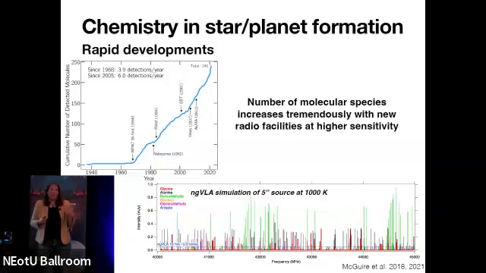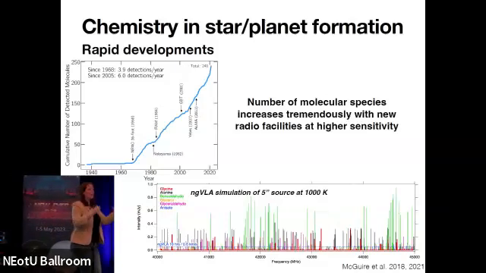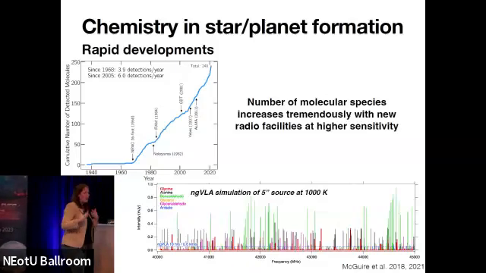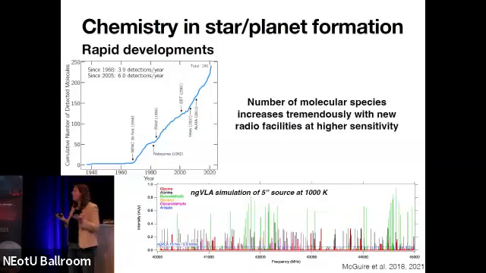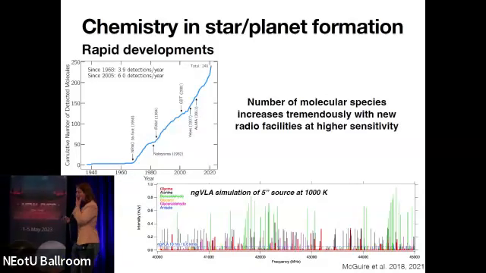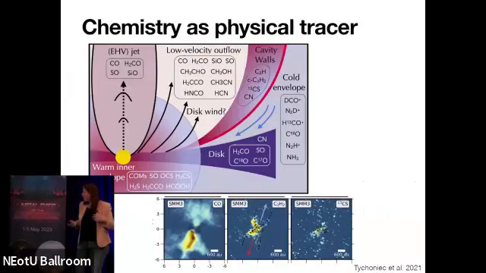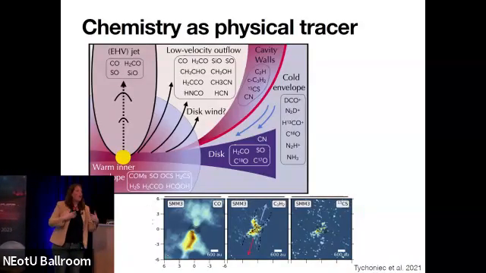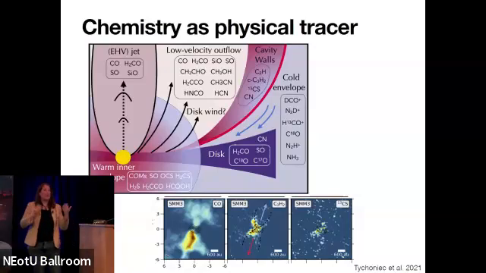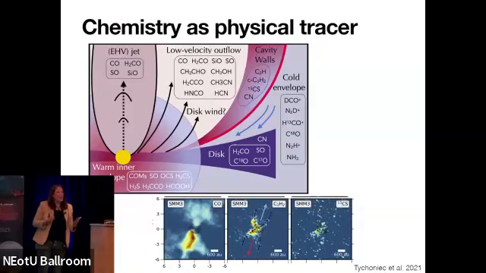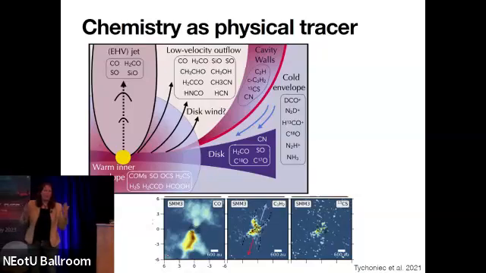So radio facilities are really driving the detection of various molecules and the properties that we can derive from them. And this is interesting not only from the idea of, oh, a molecule will tell us about the possibility of life, but chemistry can also be used as a physical tracer.